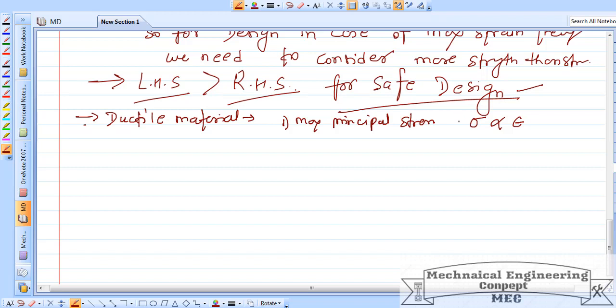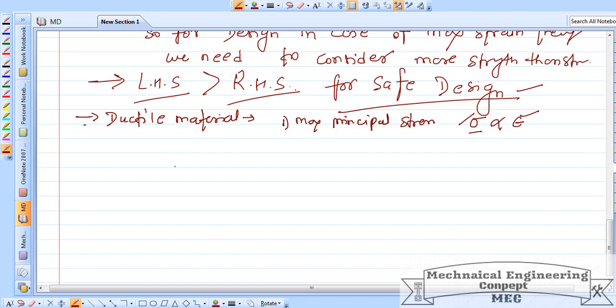If we are able to calculate failure on the basis of stress, we can easily understand the concept of maximum strain theory. Due to that we don't use this theory much in practical application.